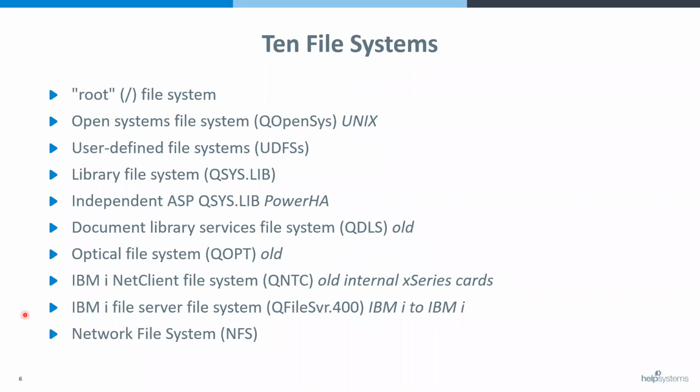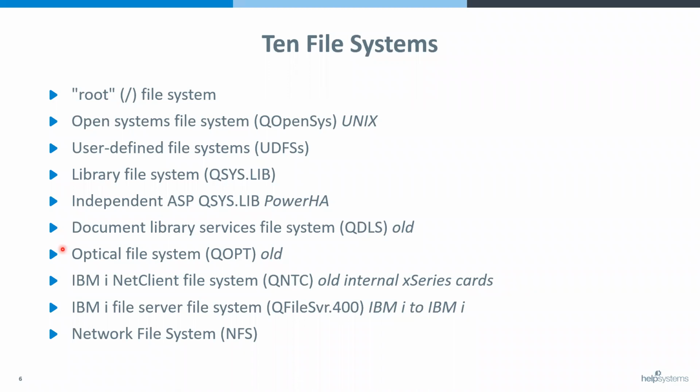The QOpenSys directory is a link that allows access to libraries and objects of the native IBM i storage system through the IFS. We have the independent ASP if you are using technologies like PowerHA. There is also the document library, the old QDLS, which many customers are still using today. It is good to stop using this old technology as it has many limitations.